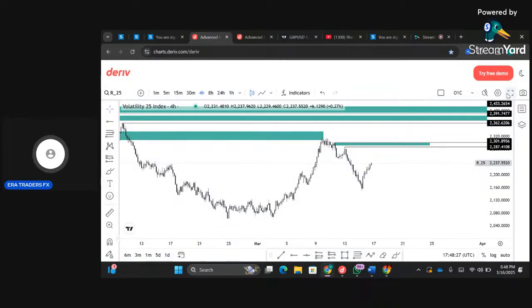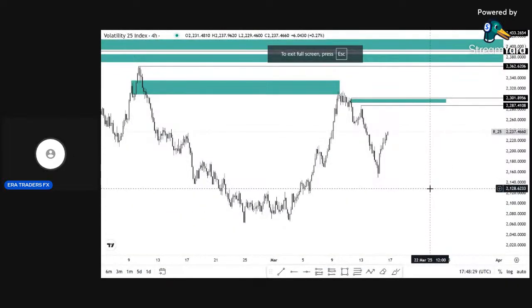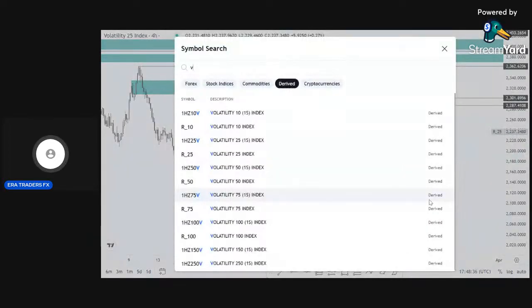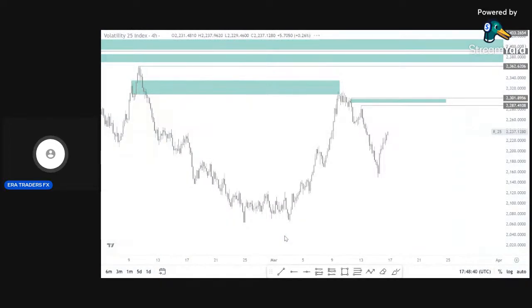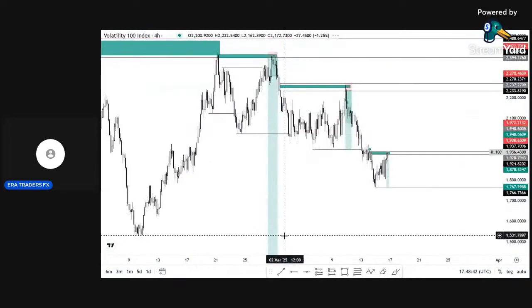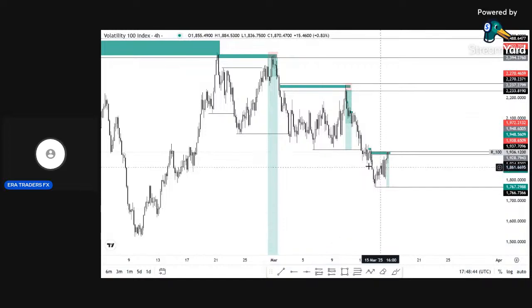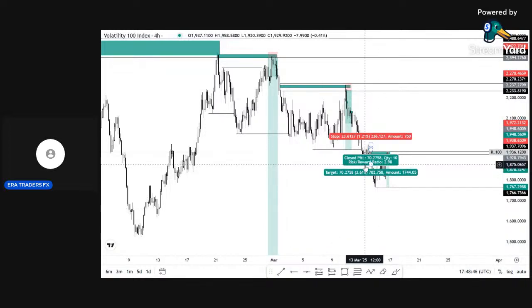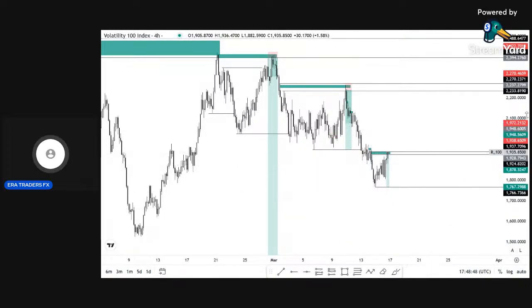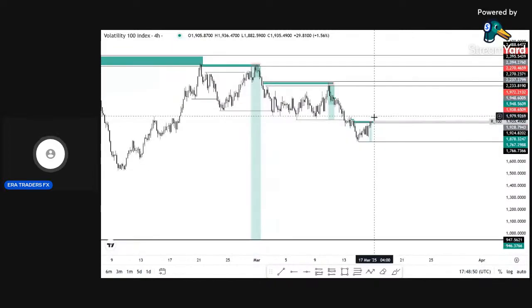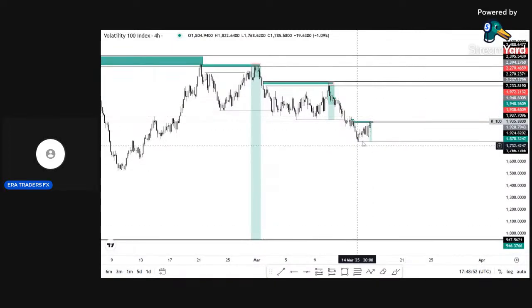You can also drop pairs that you want us to look out for, like I said, the V100. We are looking for sales until it goes down to this place.